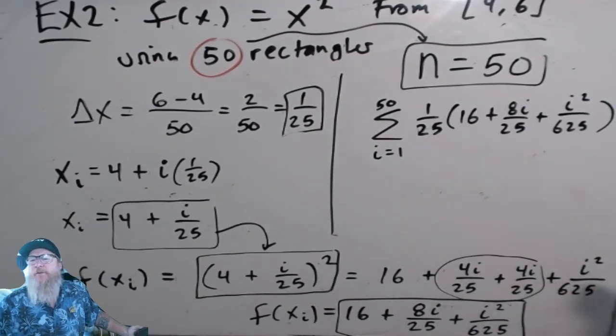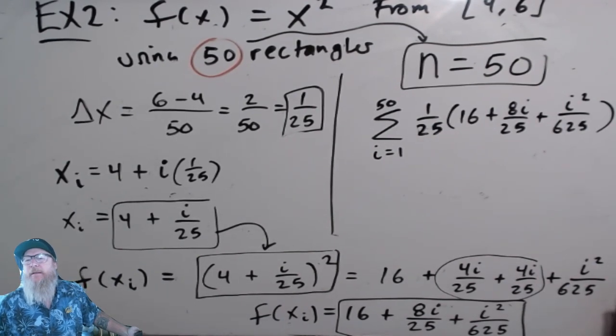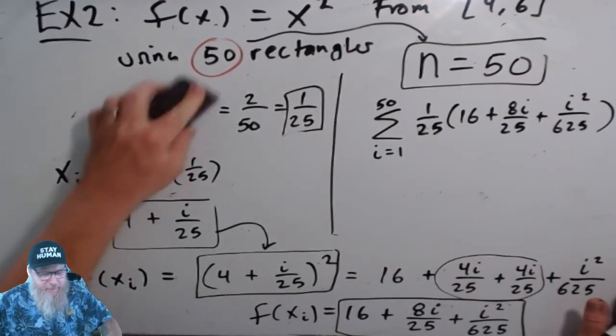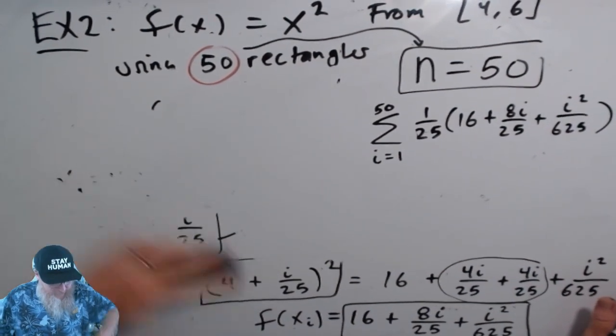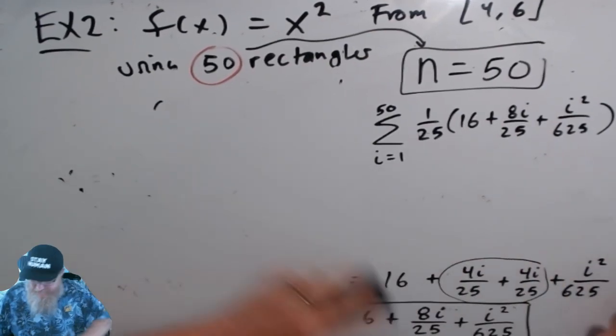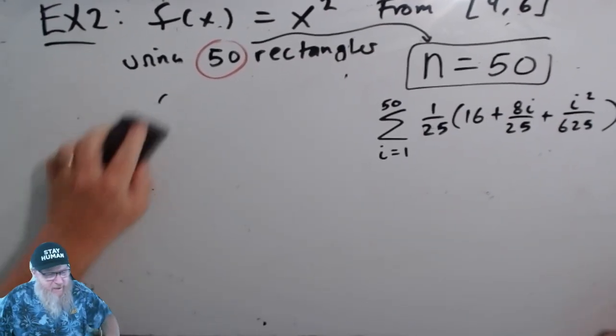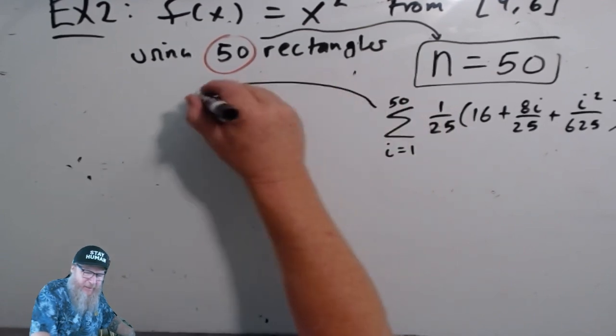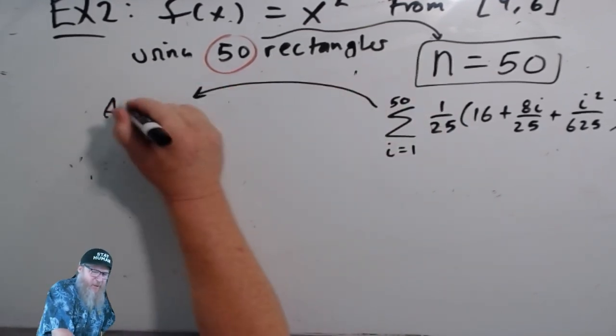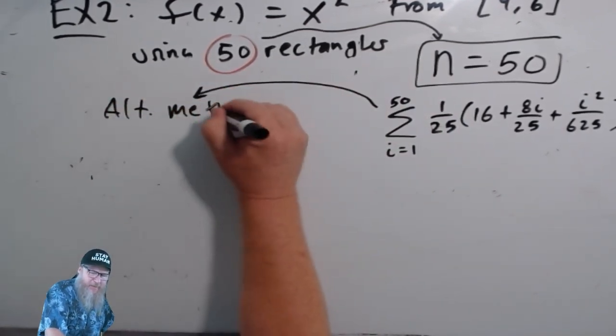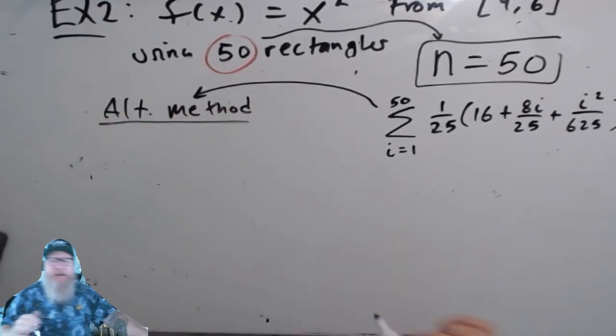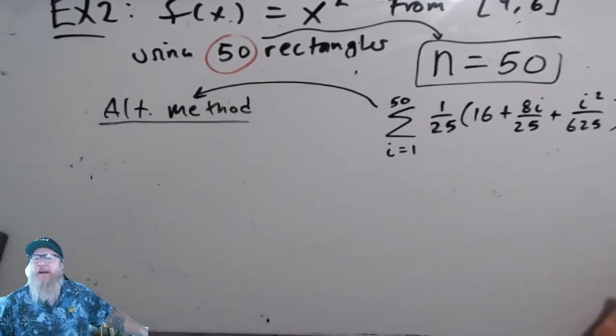Now I do have to do the math. Let me show you another way. Whenever I have these really annoying fractions, you can go like this. So I'll call this the alt method. I'm going to wait on the calculator for now.